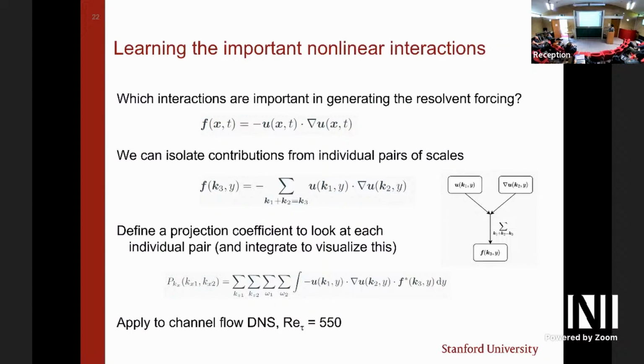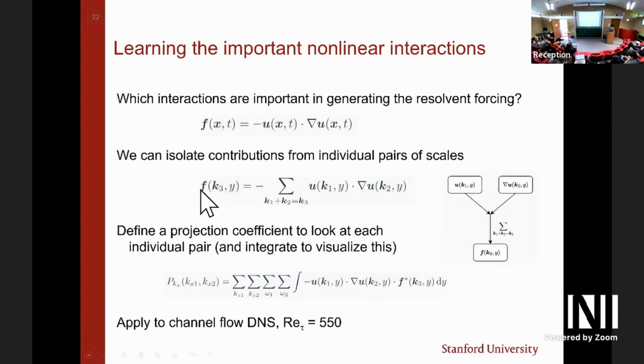Here, I want to talk about learning the nonlinear interactions, which is probably key. We're just going to quantify them. This is probably not quite the right title. So here is what the forcing term looks like, that quadratic information. In this resolvent framework, in this discrete setting, we can isolate contributions from individual pairs of scales.